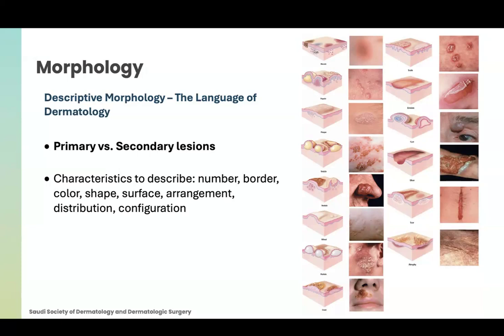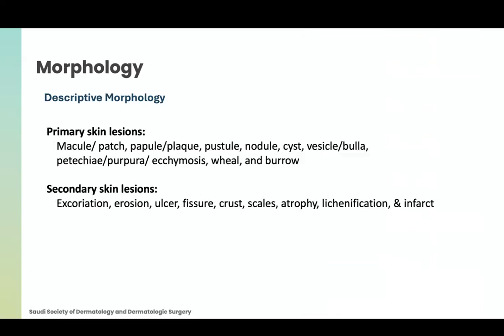Once we describe the primary and secondary skin lesions, as you see over here, so your macule, papule, plaque, we're going to talk about all of them. Later on, we're going to move on to different characteristics and how to appropriately describe lesions morphologically.